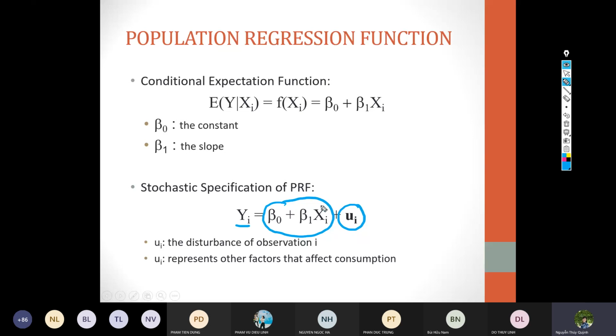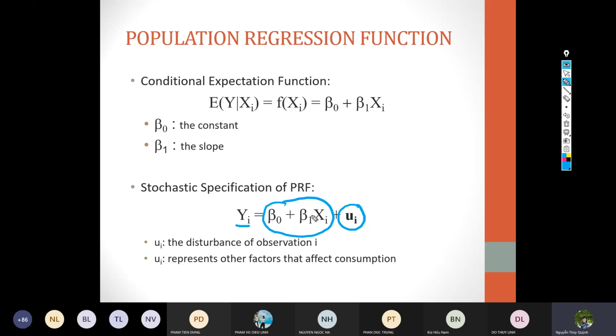In the model, X may explain the value of Y, but besides X, there are a lot of other factors that affect the value of the dependent variable as well. And ui here will represent the effect of those factors.